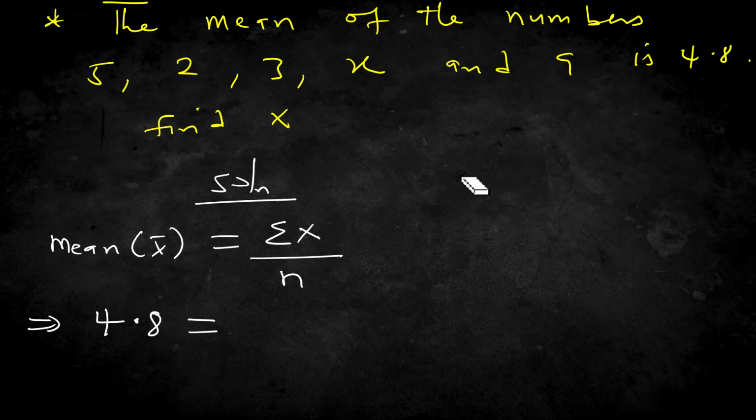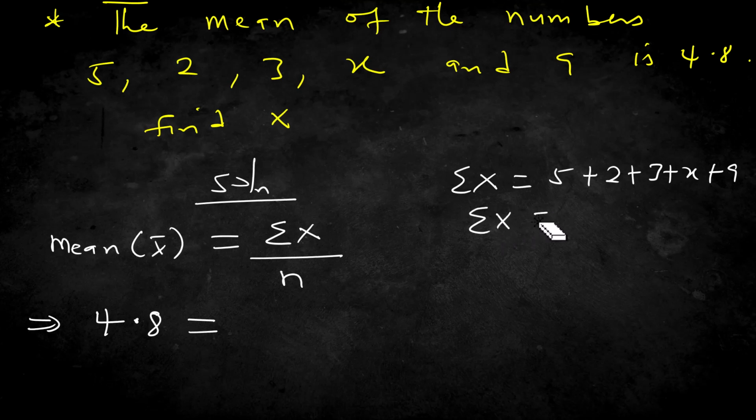The summation of x here will be 5 plus 2 plus 3 plus x plus 9. So we have 19 plus x, and my n is 1, 2, 3, 4, 5.